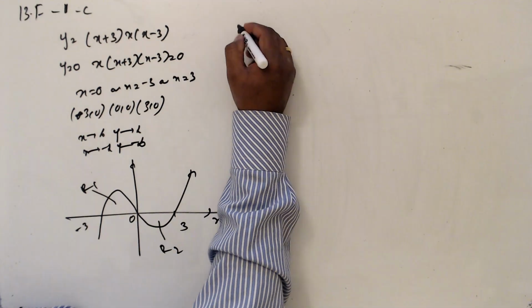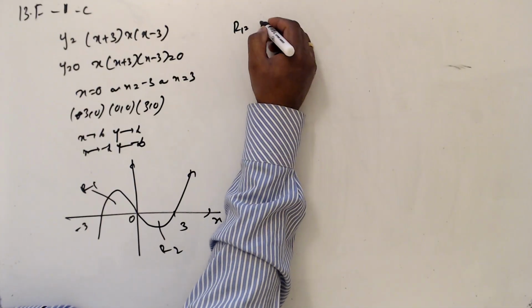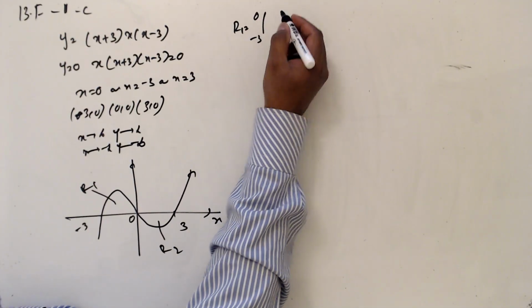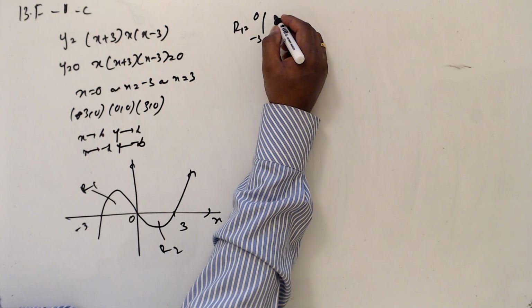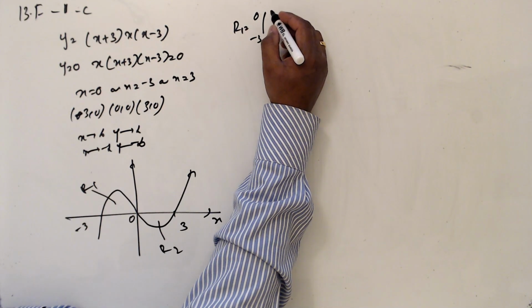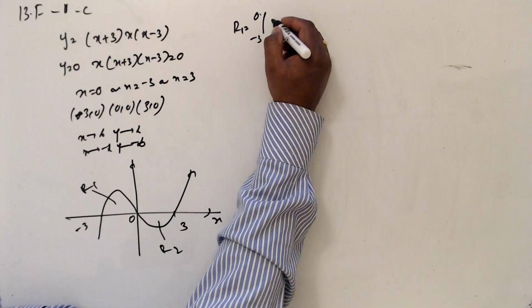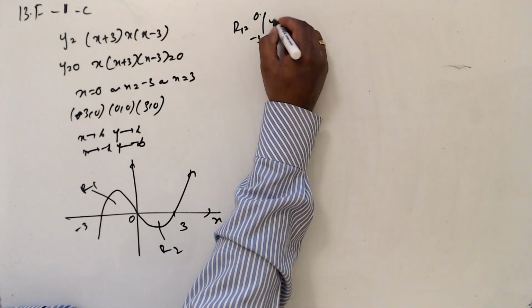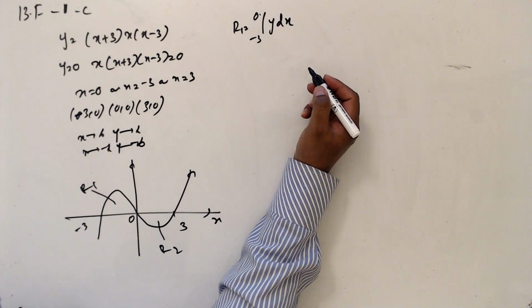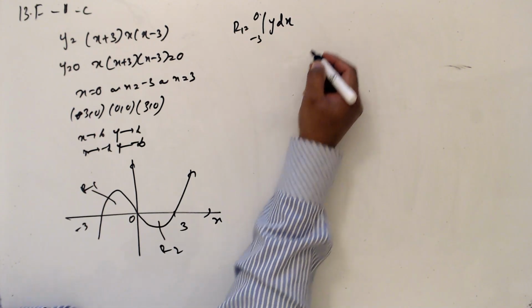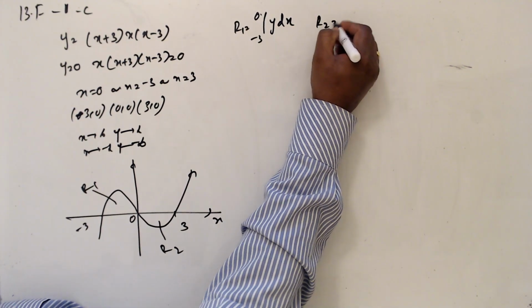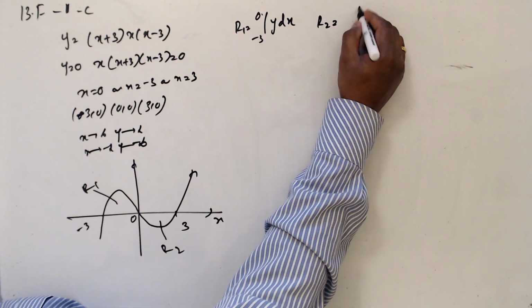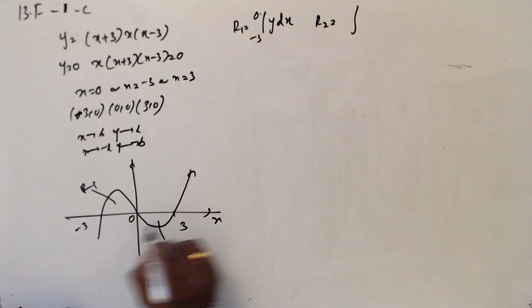So R1 is the integral from minus 3 to 0 of y dx, or f(x) dx. So R2 is from 0 to 3.